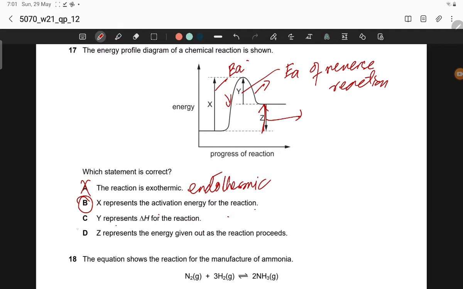Y representing the enthalpy change is incorrect. So B is the correct option.